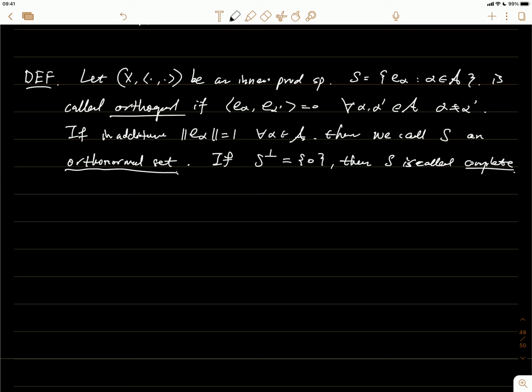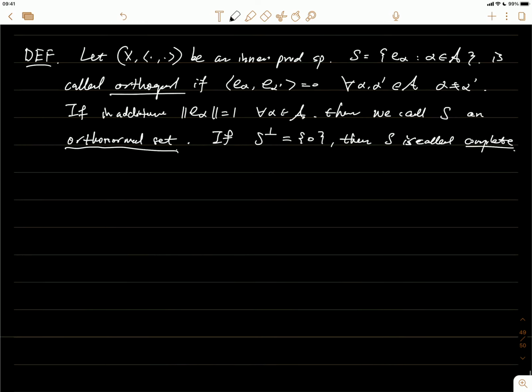This is the definition. If S perp is 0, then 0 is the only vector that can be perpendicular to every vector x in S, that is, the only vector whose inner product with every x in S gives 0. This is the only possible choice, then we call it complete.